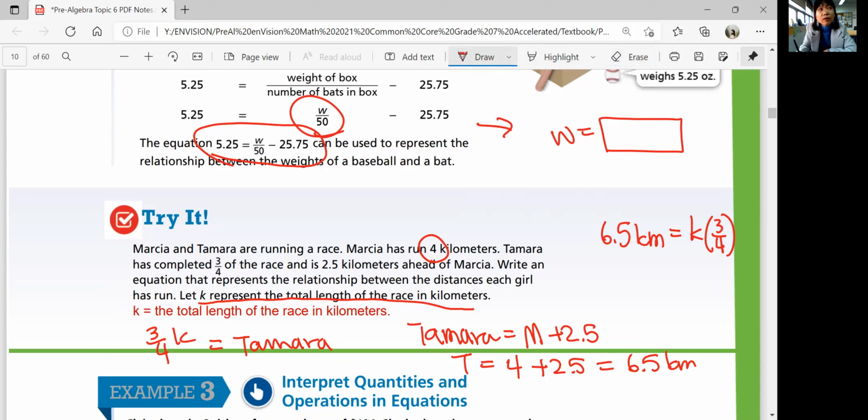If you divide it by 3, you get 1/4. If you multiply that by 4, you get 1, the whole thing. Okay. So you could either write this, or you could write 4 plus 2.5 is equal to 3/4 K. They're basically the same thing.